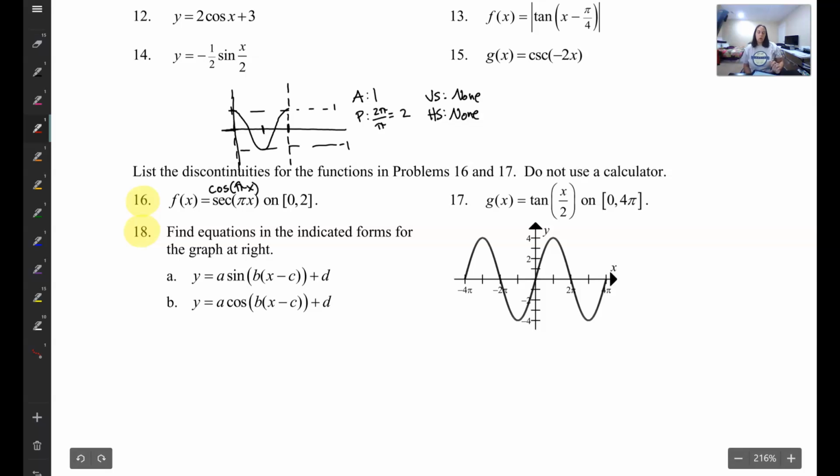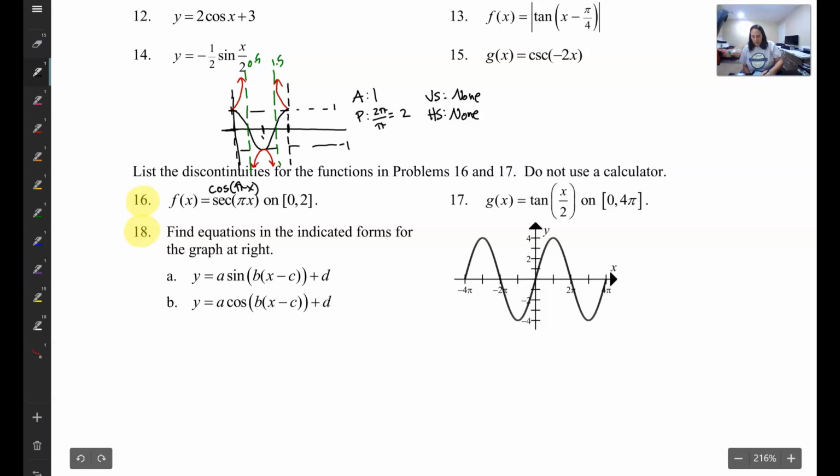Now that I have cosine of pi x graphed, I can graph secant of x by doing my parabolas off of cosine's graph. And I've got an asymptote there and an asymptote there, so at 0.5 and 1.5.